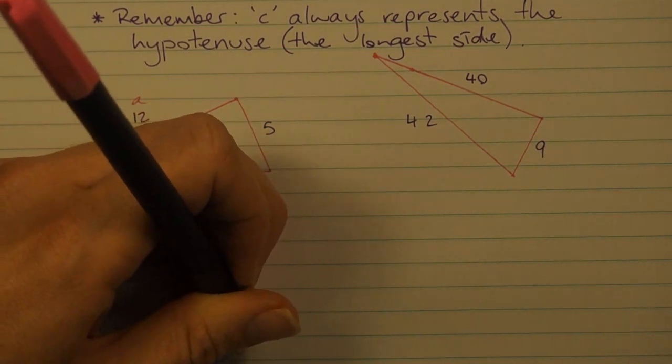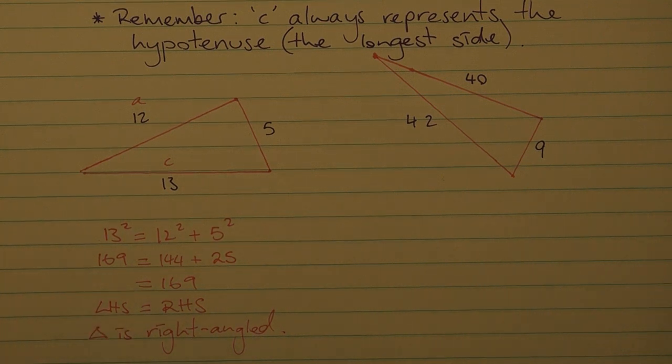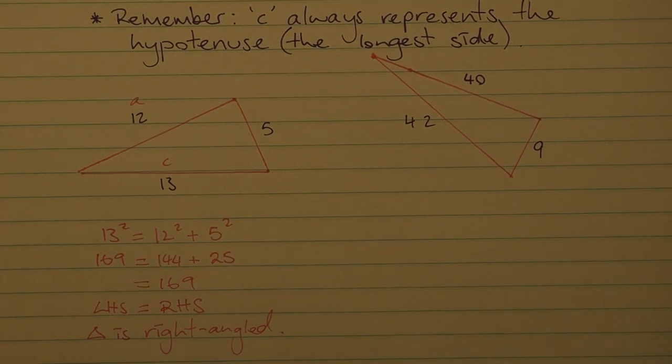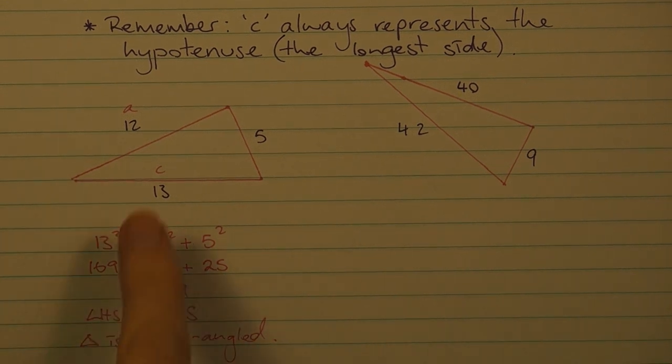It is perfectly okay to use a triangle symbol instead of writing the word triangle. Okay, I want to show you another example where this one may not satisfy Pythagoras' theorem. Who knows? Let's work it out.